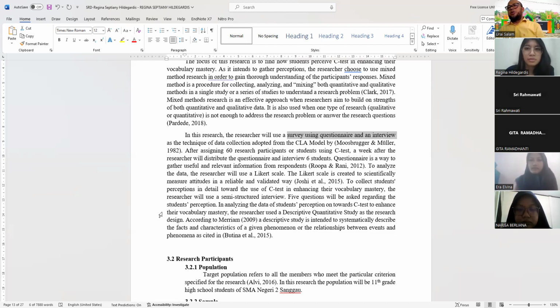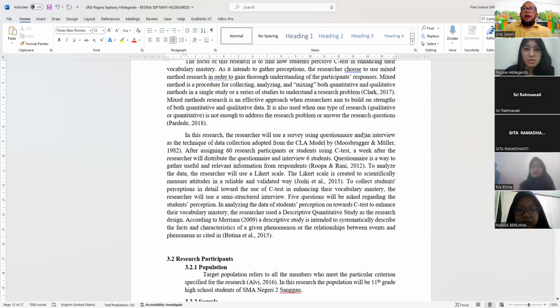So what is the difference between questionnaire and interview? In my proposal, it's just to give more understanding of students' attitude towards it. But your research question is not asking that. Your research question is only asking about the perception. So I think perception can be completed, yeah, using questionnaire.